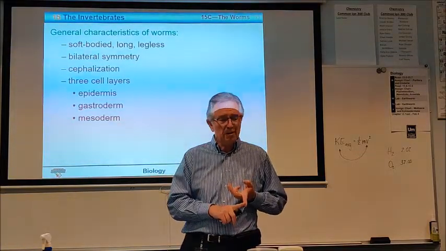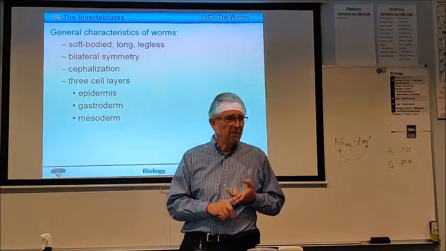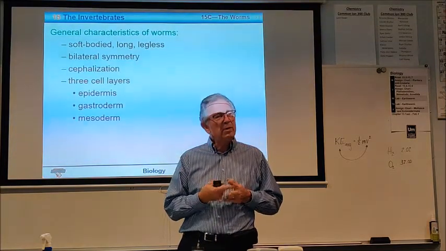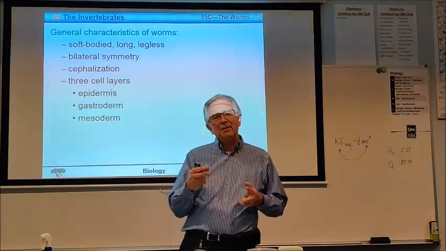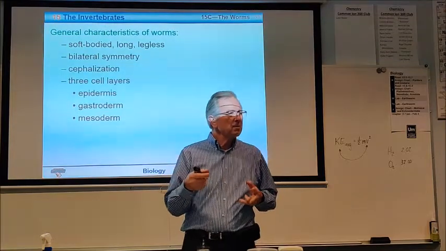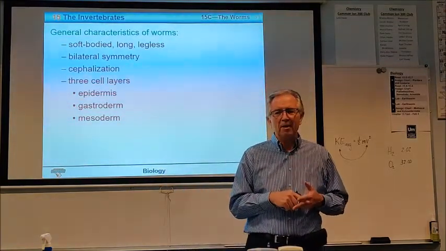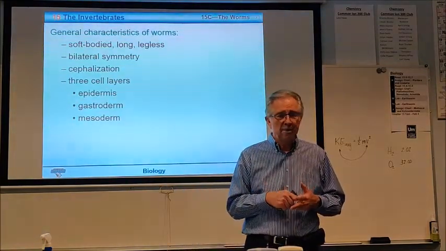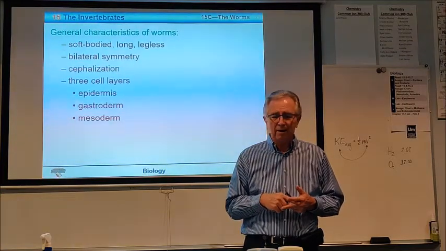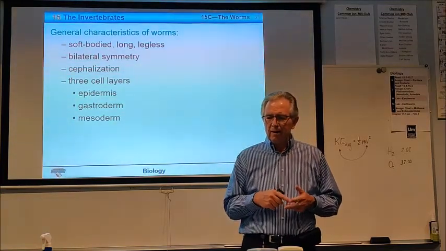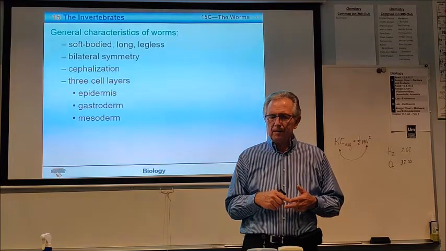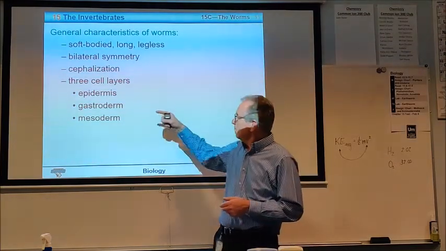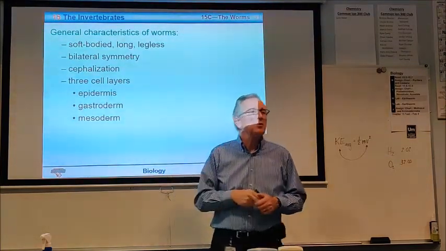We have epidermis, we have gastroderm, which we've had before, and then the one in between, we've given it different names. Like in the sponges, we call it the mesenchyme. In the Cnidaria, we had mesoglea. Then here, the middle layer is called the mesoderm.